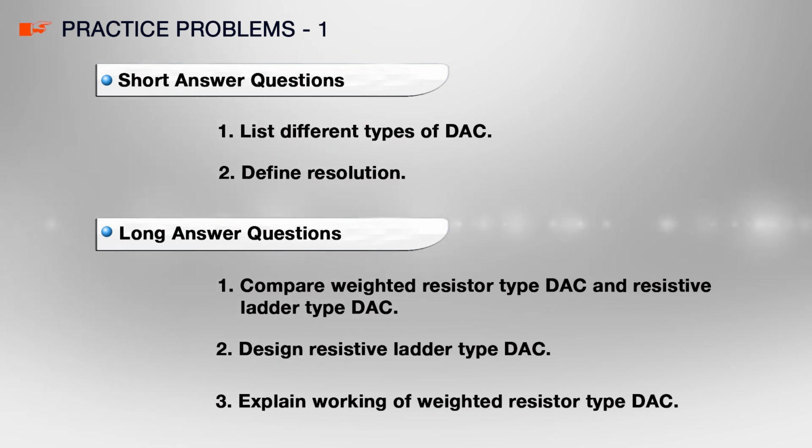The same way you have done in the second question, make the circuit diagram of weighted resistor type DAC, derive the equation for final output, write about its advantage, disadvantage and how the circuit works, and explain some points regarding that. In this way you can answer the third question.